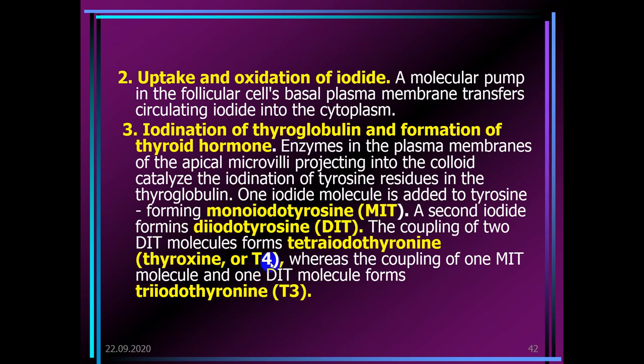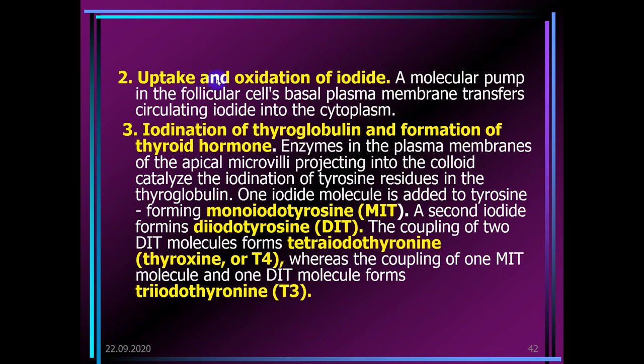But when one diiodotyrosine and one monoiodotyrosine are combined, appears triiodotyrosine, T3, the second hormone which is produced by the thyrocytes, where they take iodine.